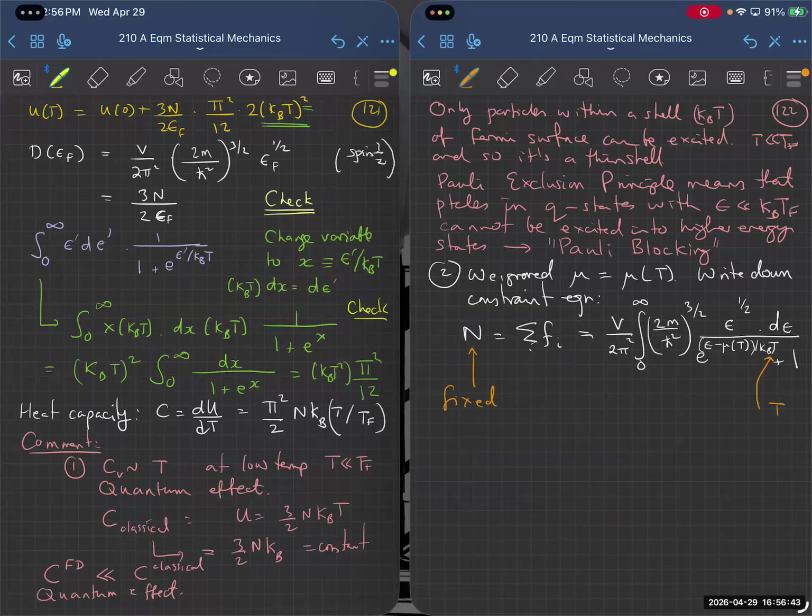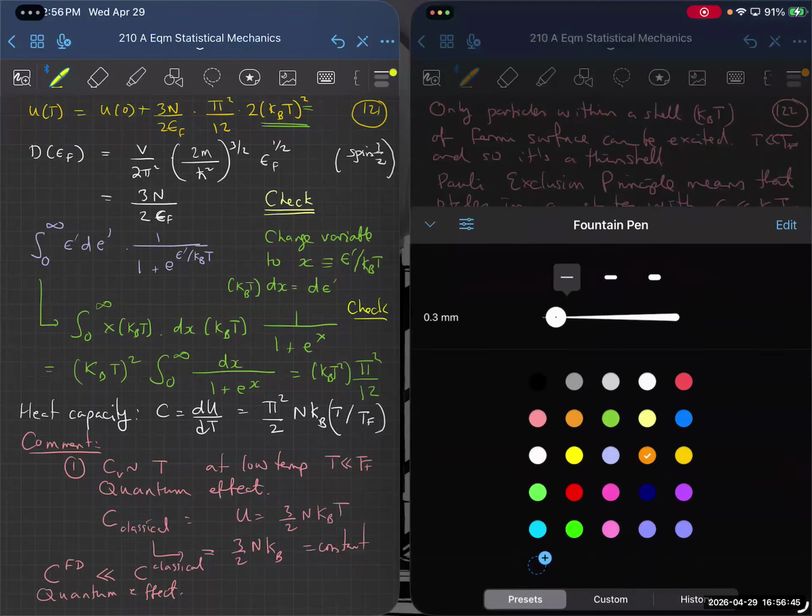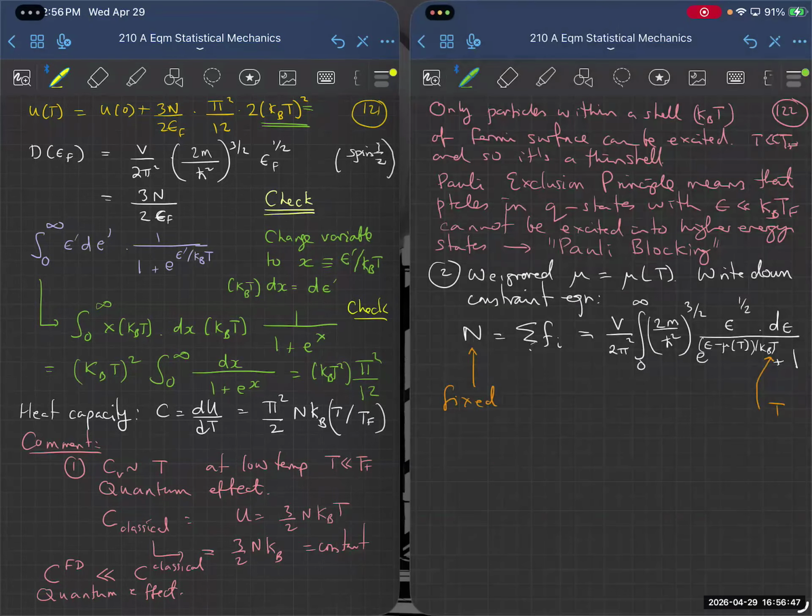And because there's a factor of temperature there, that means that mu itself must be a function of temperature, so that the left-hand side is equal to the right-hand side.